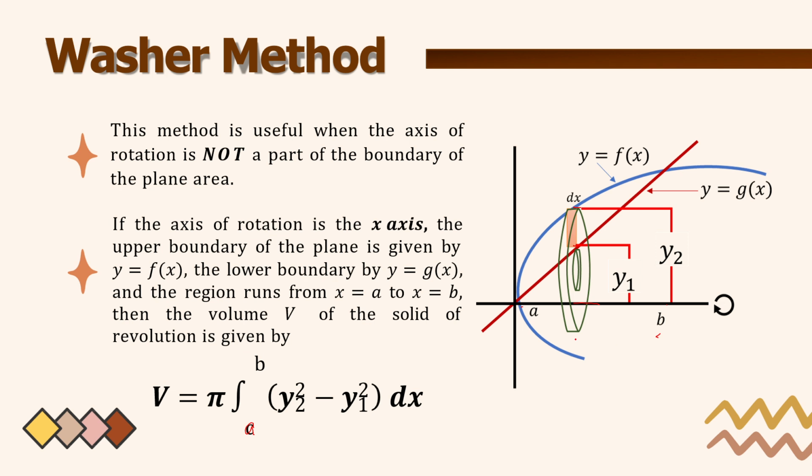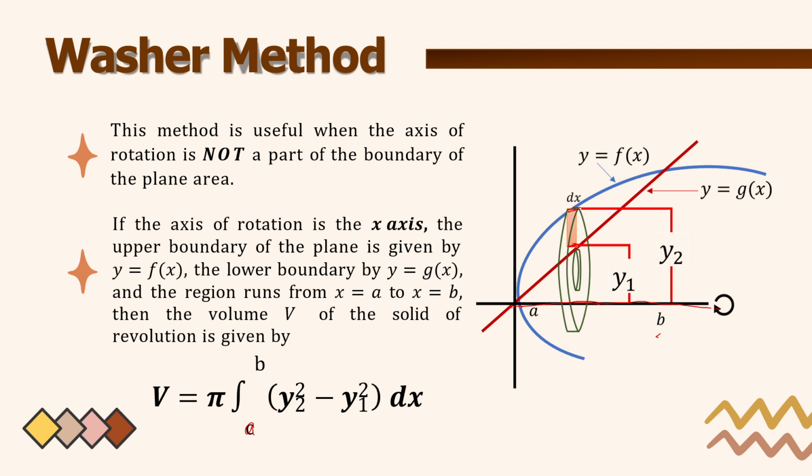When the axis of rotation is along the x-axis, we need to get the length of the strip as our distance, which is the upper minus the lower.